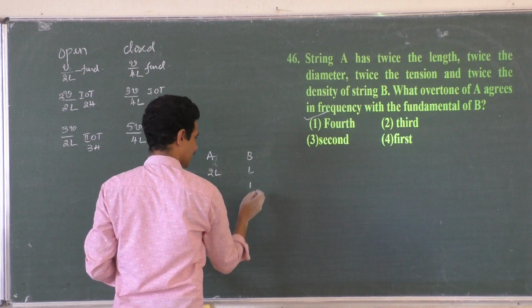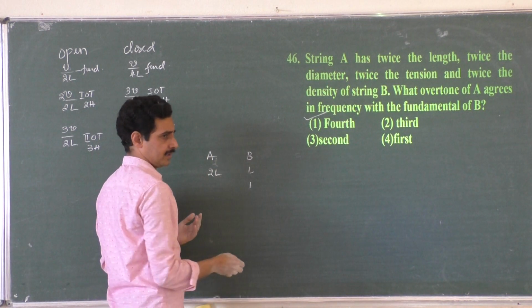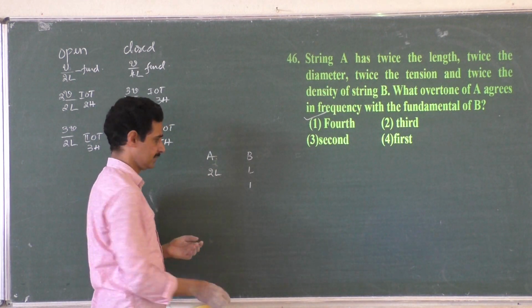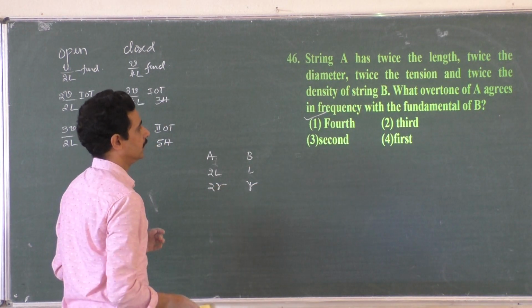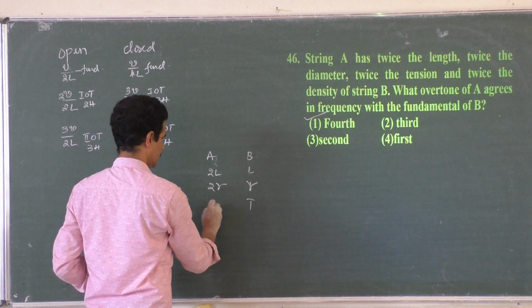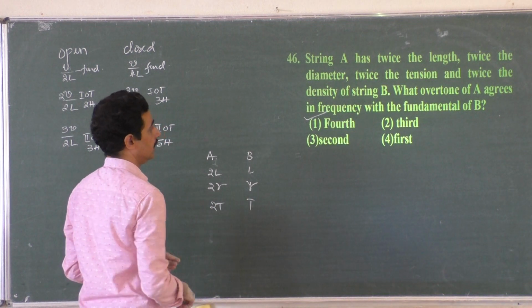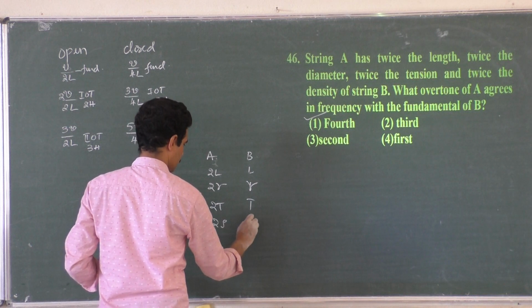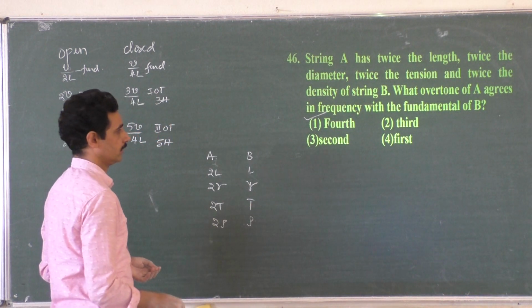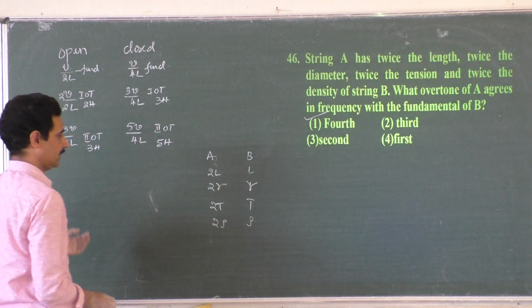Radius and diameter are one and the same; ratio wise it is the same. Twice the diameter and twice the tension, and twice the density of string B, 2 rho.